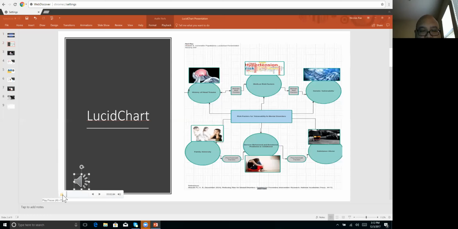This is my Lucidchart diagram. As you can see, in the middle, the risk factors for vulnerability to mental disorders is in the center. I demonstrated 3 biological risk factors for mental disorders. One that I put here on the left is history of head trauma.